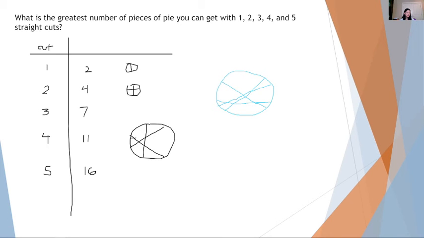This is kind of hard to draw, but you can do something.